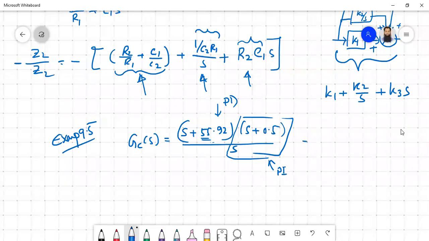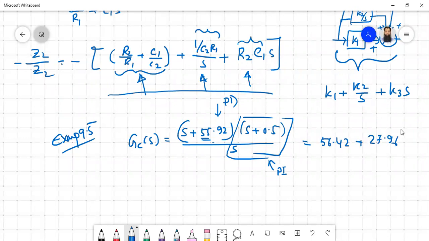So now if you just multiply those two and simplify to have a form like this, what you are going to get is 56.42 plus 27.96 by s plus s.